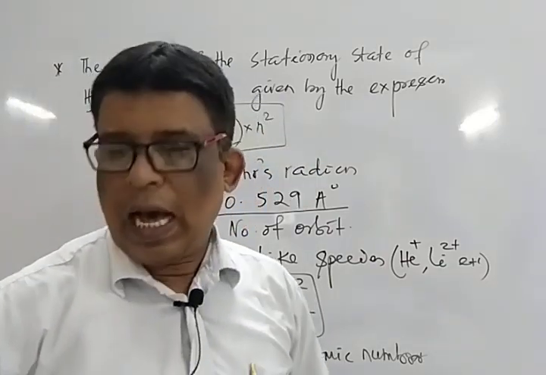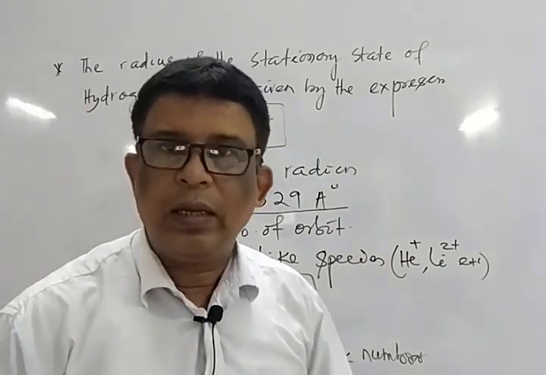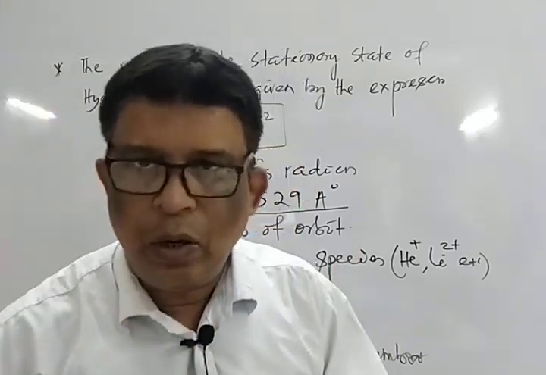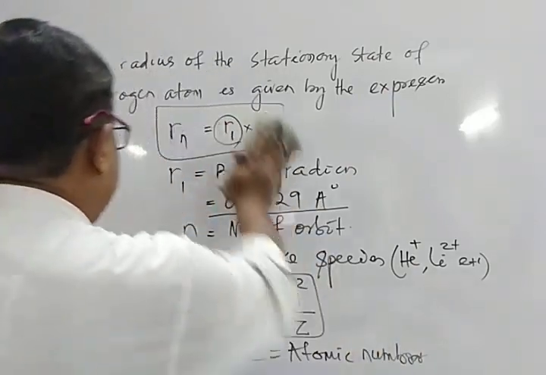Next, we switch over to an expression for calculating the velocity of an electron for hydrogen and, similarly, hydrogen-like species.